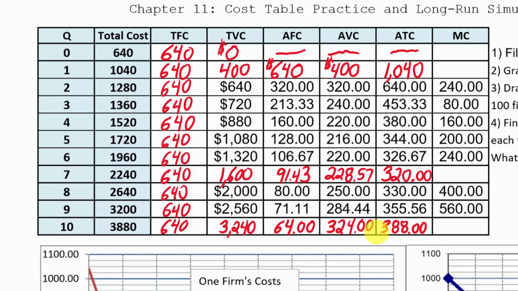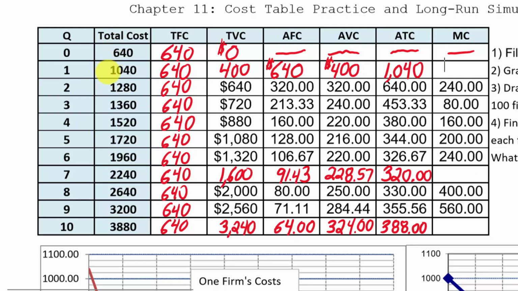Which leaves us with the marginal cost column. How much additional cost are we spending when we produce each additional unit? In other words, how much does each of these units actually cost when we produce it? Now, marginal cost for the 0 unit doesn't make any sense, so we don't do that. But marginal cost of the first unit is the additional cost going from 640 to 1,040.